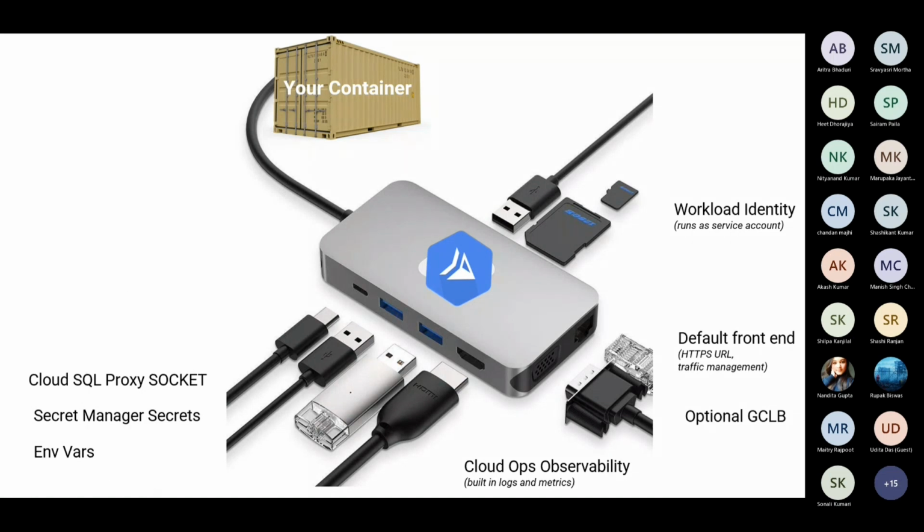So you just give your container image, and they give you all the fundamental things you don't even need to worry about. So this is the best option for your containerized projects. Next slide.